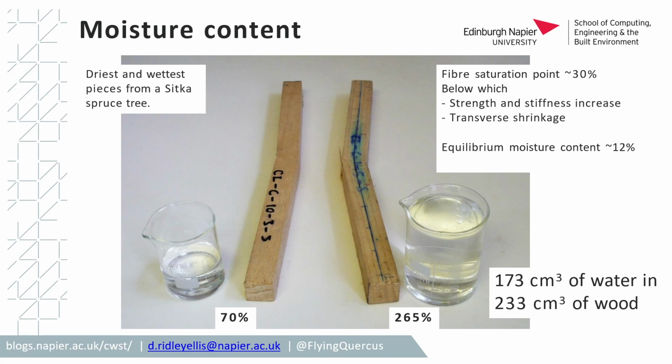So that's all it means. It's very, very wet, and you can see that it's wet. The ink used to draw on the sample is smudging and smearing because it's absolutely like a sponge.